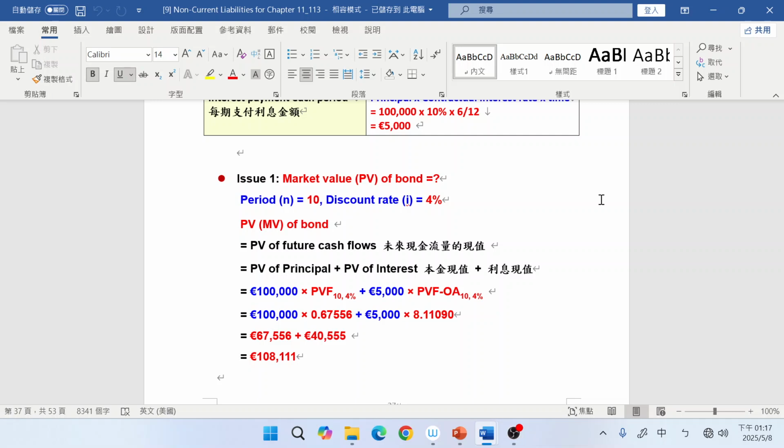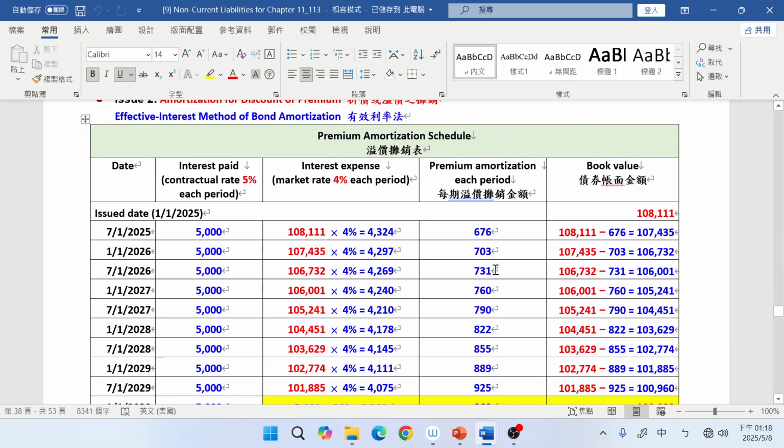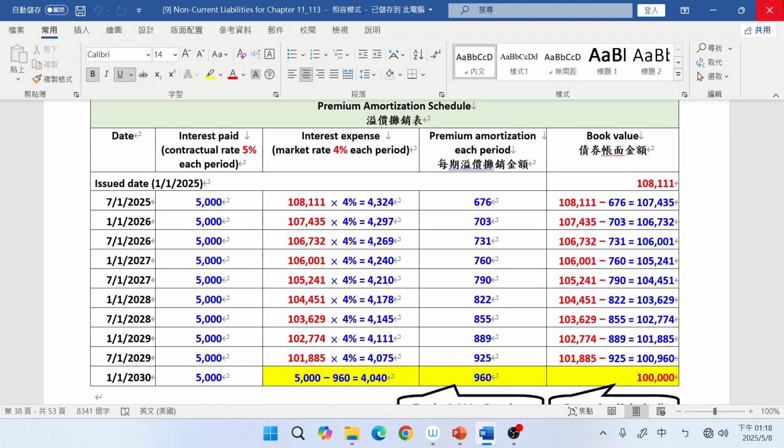Interest. So based on the liabilities we have, the next is the interest. So what should we do? Use the effective interest method, 有效利率法, to figure out our cost of borrowing.